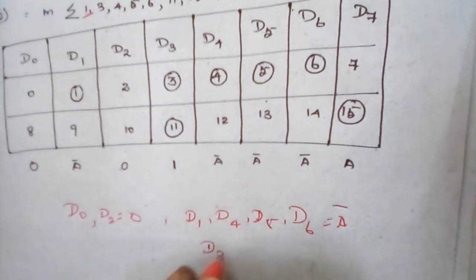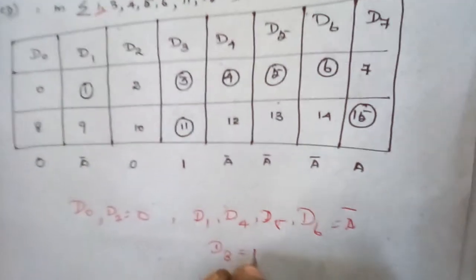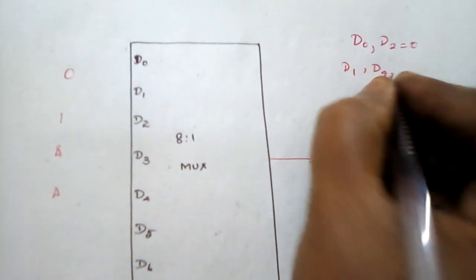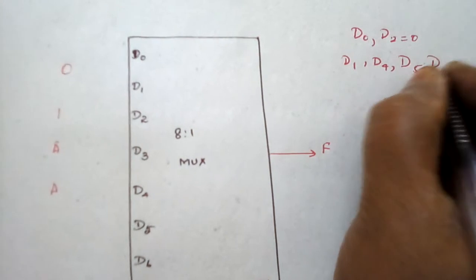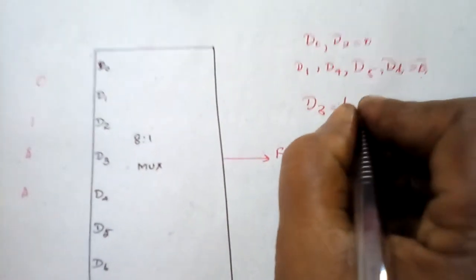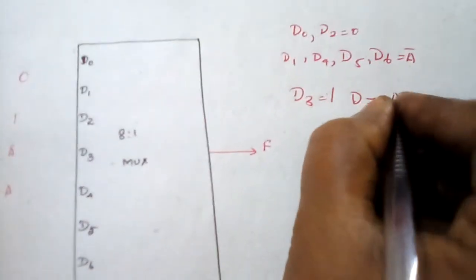D3 is equivalent to 1 and D7 is equivalent to A. So this is from the implementation table. Write it once again here. D0 and D2 are equal to 0. D1, D4, D5, D6 are equal to A bar. D3 is equal to 1. D7 is equal to A.